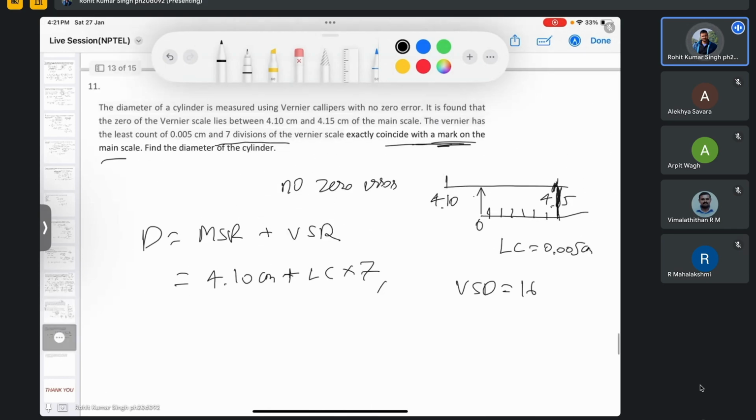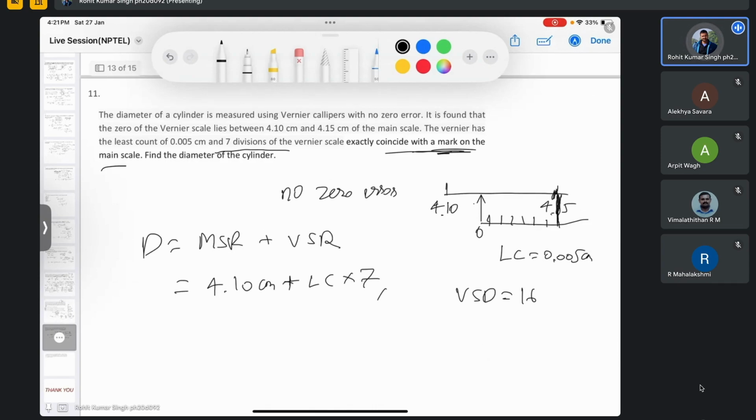So in the seventh problem, what was given? It was given that 20 divisions of the vernier scale coincide with 16 divisions on the main scale.